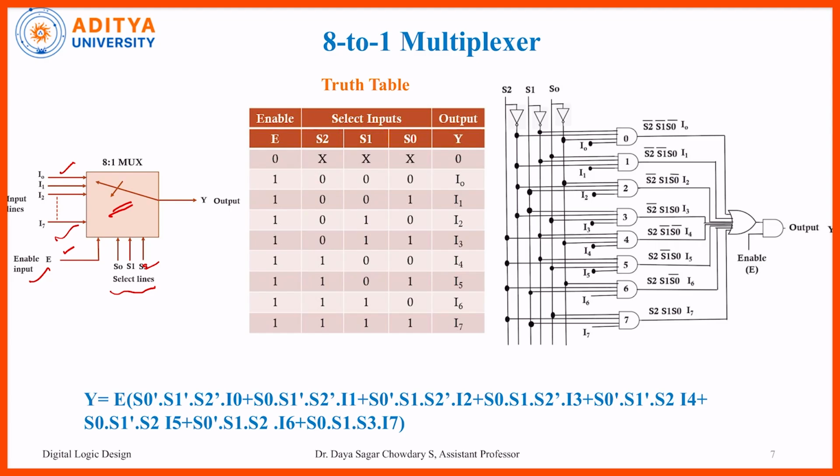If the enable signal is 0, irrespective of the inputs, we cannot get the output. This is the simple truth table representation. If the enable signal is 1, only then does it follow the selection lines. Depending on the combination of the selection lines, we get the output from I0 to I7. Each time one input is selected at the output side.